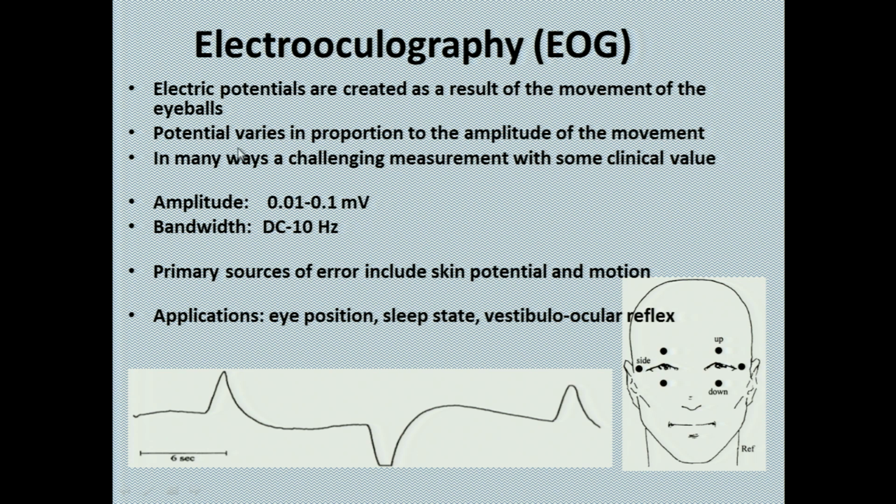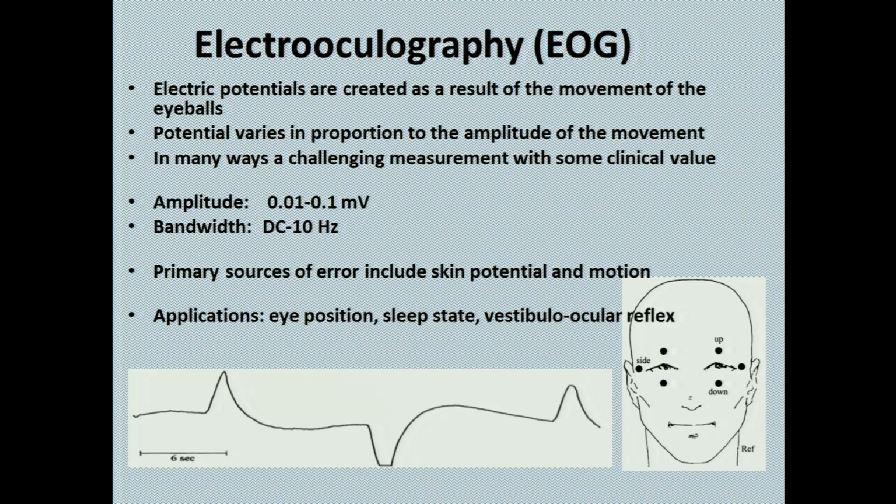The potential varies in proportion to the amplitude of the movement. In many ways a challenging measurement with little clinical value, because we cannot measure it accurately. On the contrary, ECG, EMG, EEG are very commonly used in clinical diagnosis, whereas this is not that much. This is useful to find eye position, sleep state, vestibulo-ocular reflex, all those things.